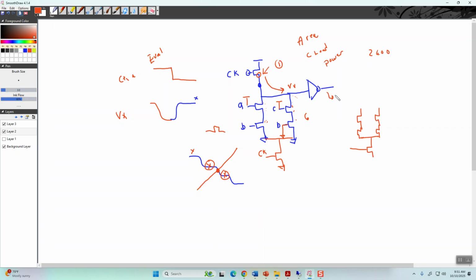So if we look at it, what would a layout of even that look like? How would I want to do that? This is going to be the source and drain regions of this.